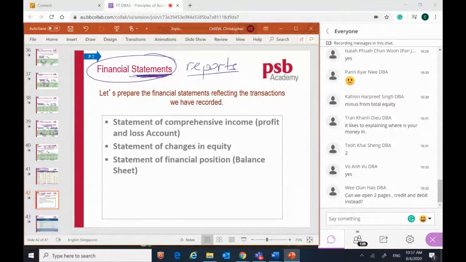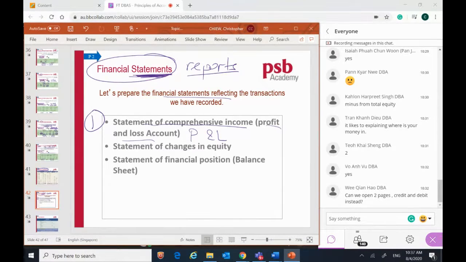Now, the financial reports, there are 3 main reports, or rather 2 main reports. The first one is called the Statement of Comprehensive Income. Those of you who have done accounting before probably learned this using the old title. It is called Profit and Loss Account, or for short, P&L, Profit and Loss.